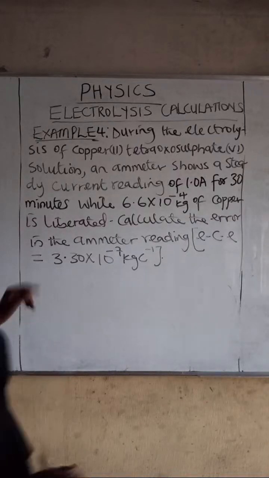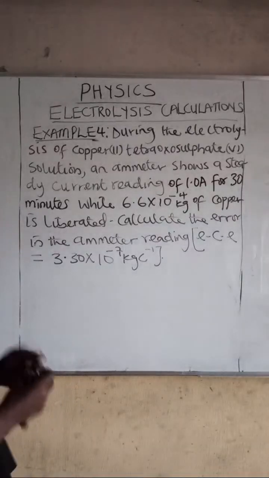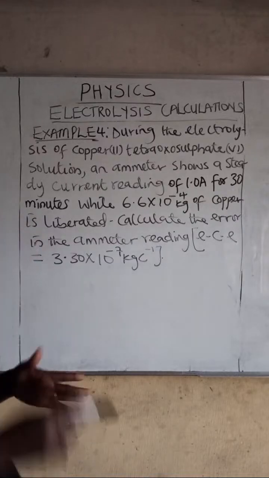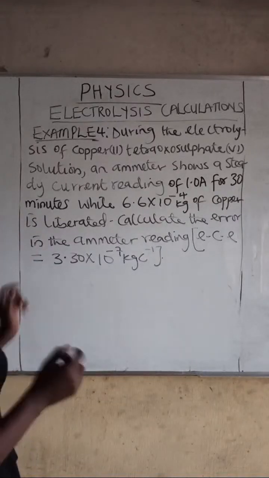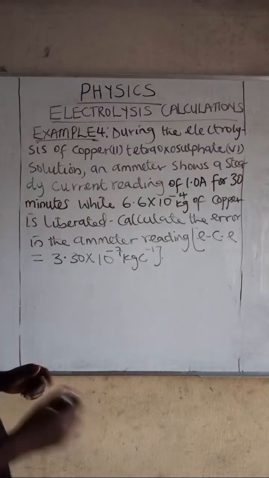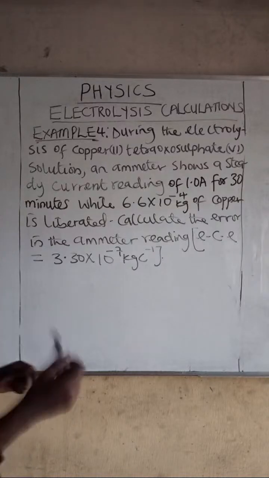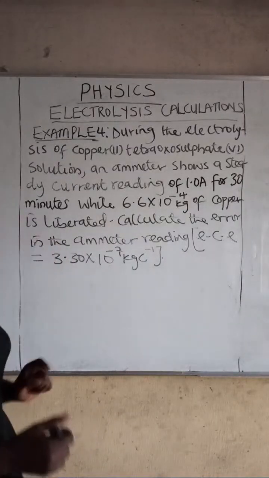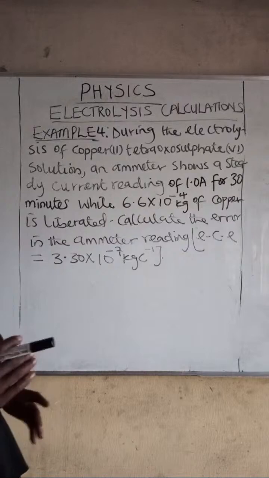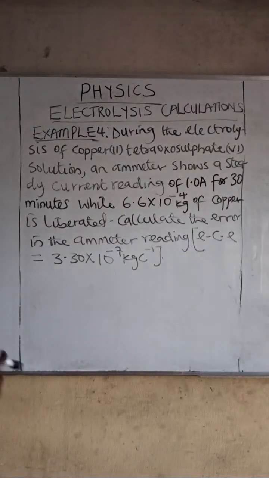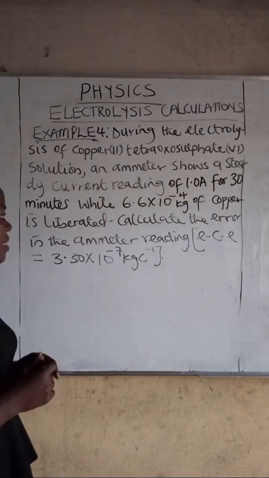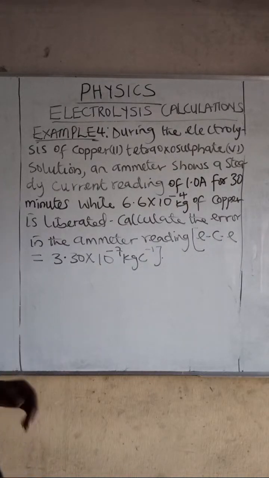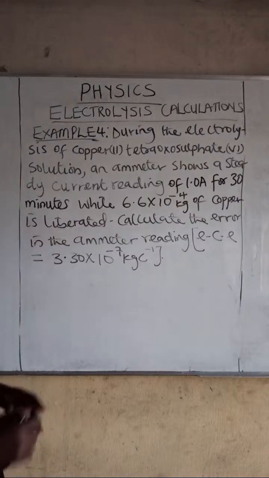All right. Example 4. During the electrolysis of a copper salt solution, an ammeter shows a steady current reading of 1.0 amperes for 30 minutes, while 6.6 times 10 to the minus 4 kilogram of copper was liberated.